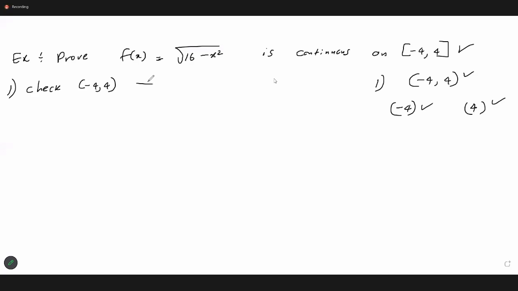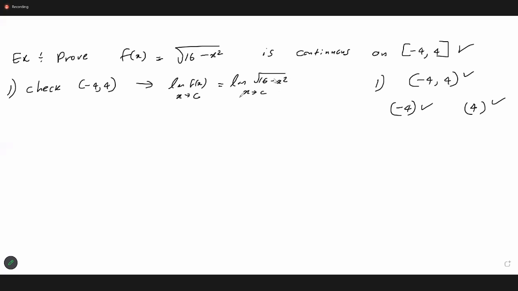In general, we can write the limit of f(x) when x approaches c, that means the limit of square root of 16 minus x squared when x approaches c.